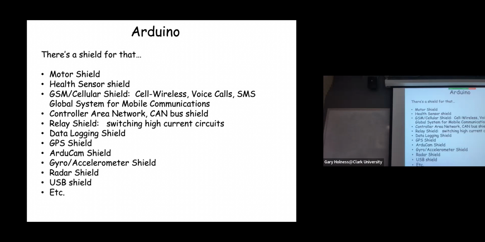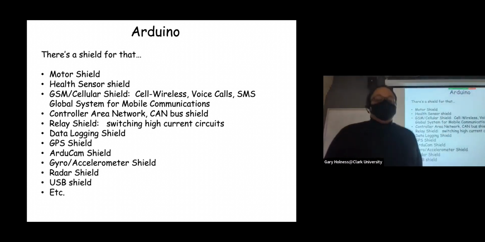And so there's a GSM shield that can send SMS messages, make phone calls. It can also do telemetry over the wide area over the cell phone network. Okay. And there are all sorts of things. Controller area network for doing things like automotive electronics, a relay shield for switching very high currents. There's a shield that will do that. It's effectively a programmable switch.